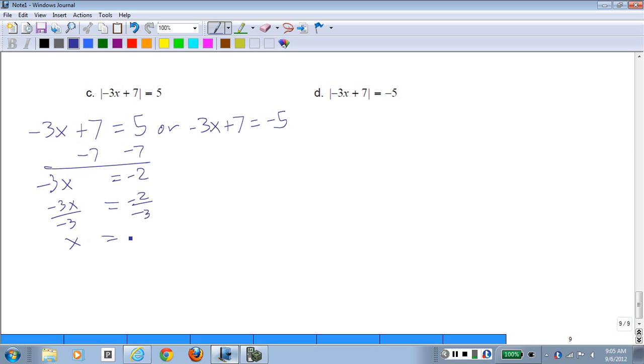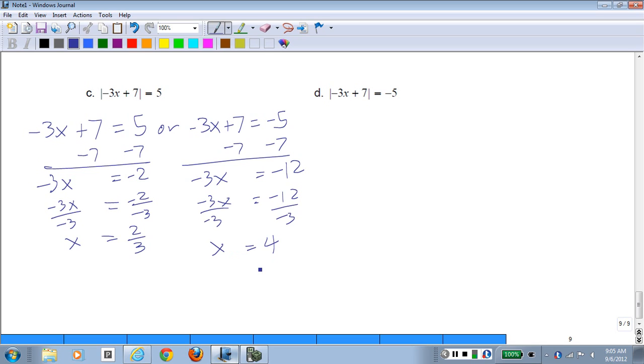Observe that a negative divided by negative is a positive. So if I solve that 2-step linear equation correctly, that's 2/3. And the other one, subtract 7. Copy the negative 3x, copy the negative 12. Divide both sides by negative 3. So 4 is another possibility.